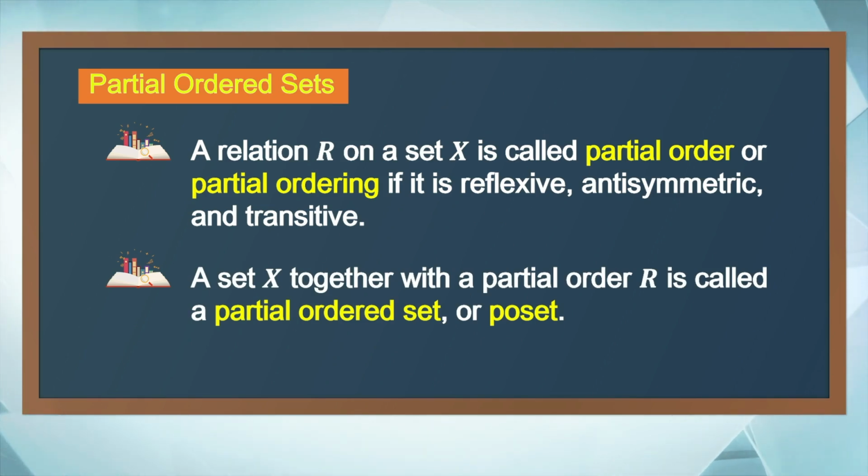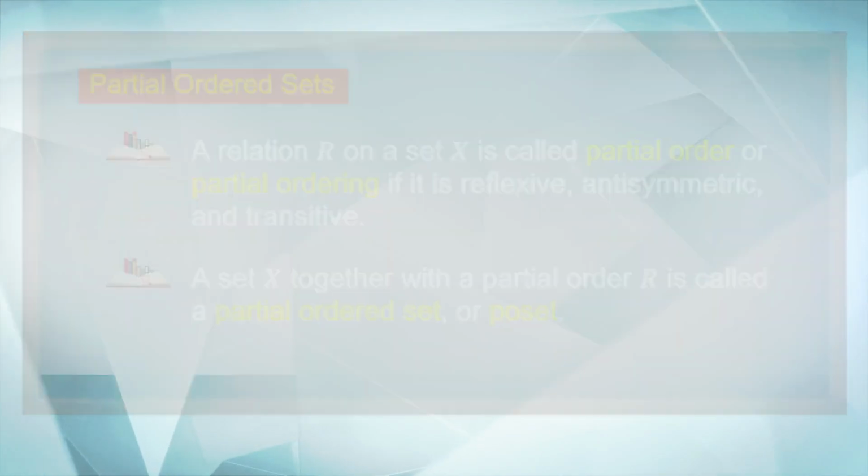And members of the set X are called elements of the POSet. We often use relations to order some or all of the elements of the set. For instance, we order the set of integers using the less than or equal to relation, which contains the pairs (x, y), where x is less than or equal to y.